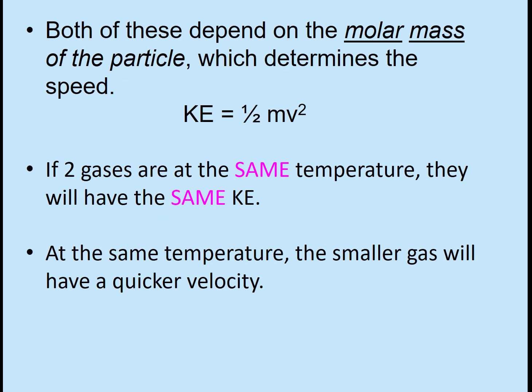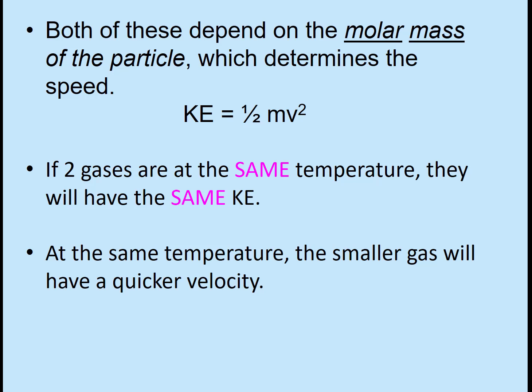So when the gases effuse into that vacuum space, as I said before, it depends on the molar mass. And we can use this kinetic energy formula. On the AP test, you won't have to solve for this kinetic energy formula, but it is on your formula sheet so that you can see the relationship.